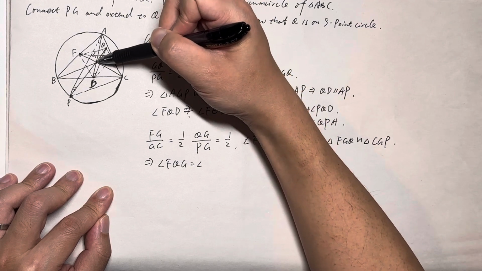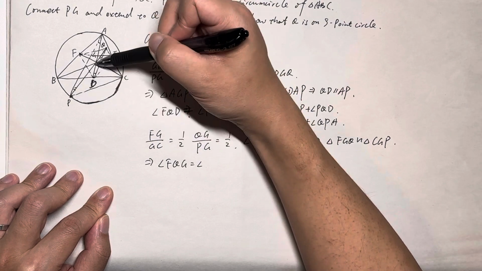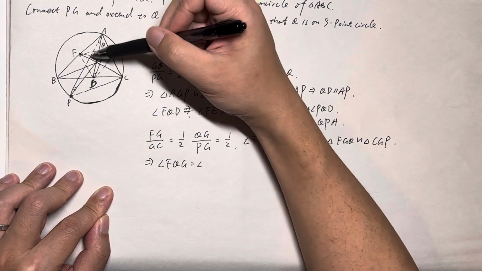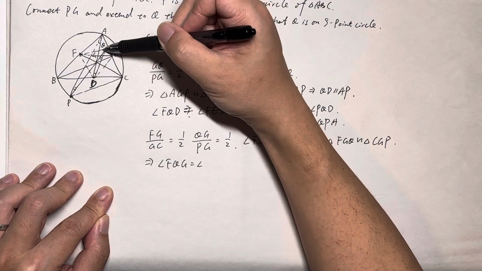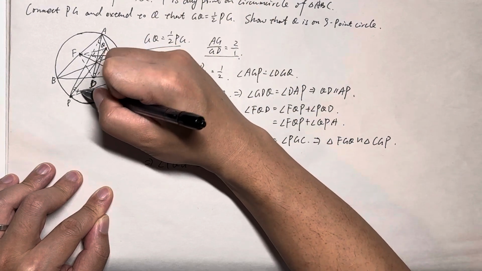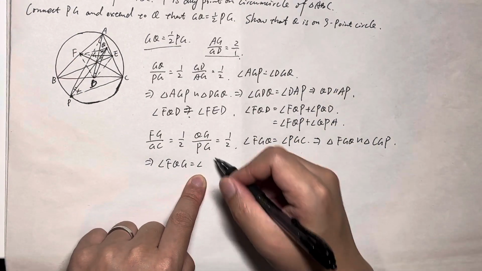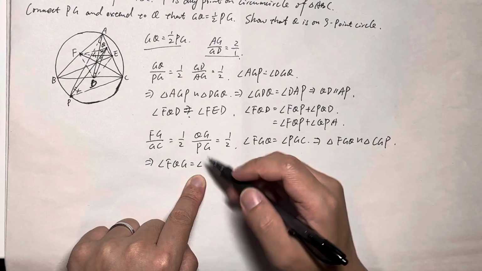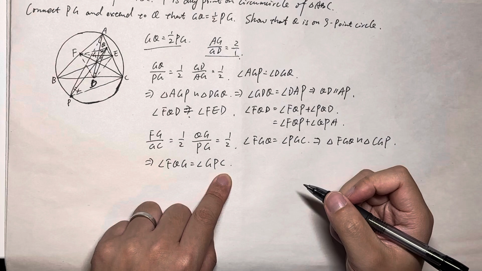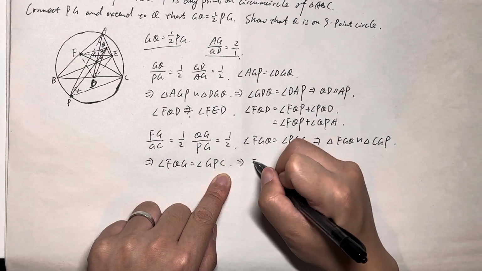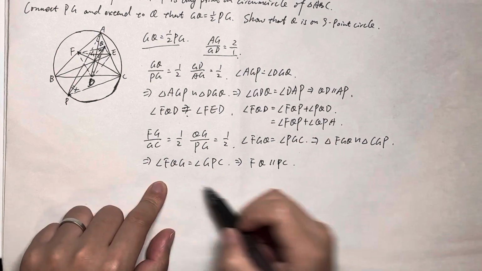The GQ edge corresponds to the GP edge, and the FQ edge corresponds to the CP edge. So this angle corresponds to this angle. That means angle FQG equals angle GPC, and we know that FQ is parallel with PC, but this is enough.